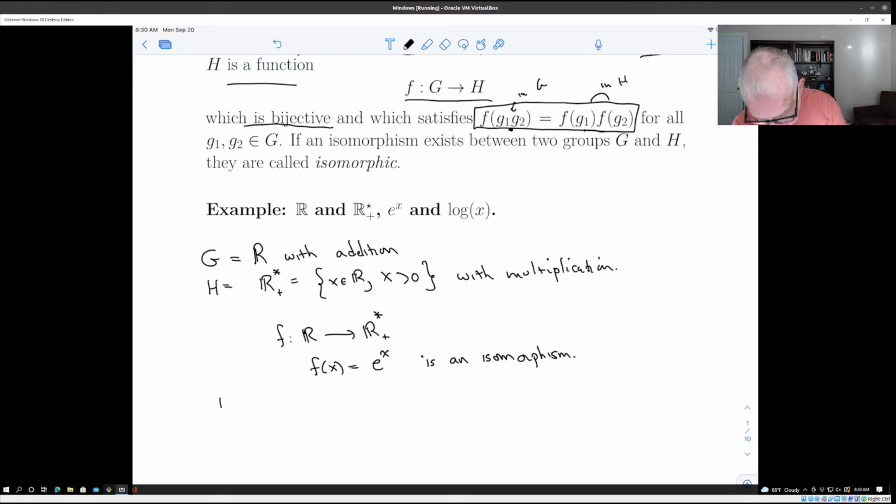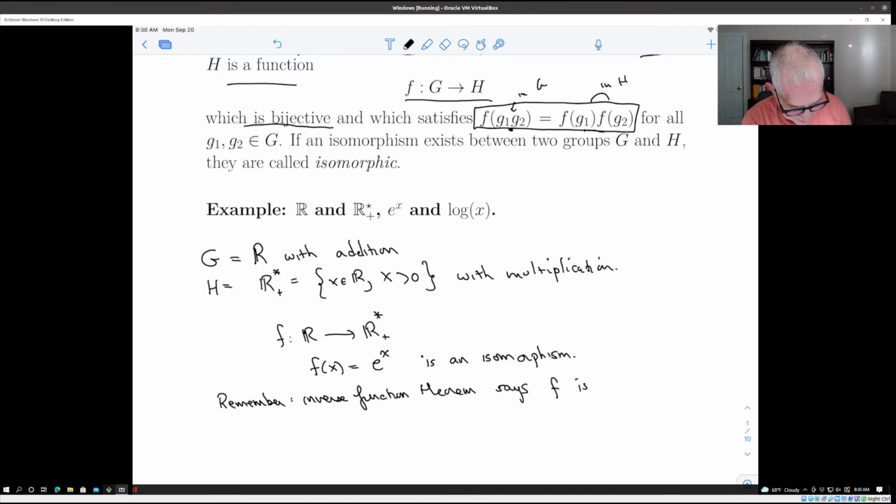So let's remember the inverse function theorem. It says that f is bijective if and only if it has an inverse.